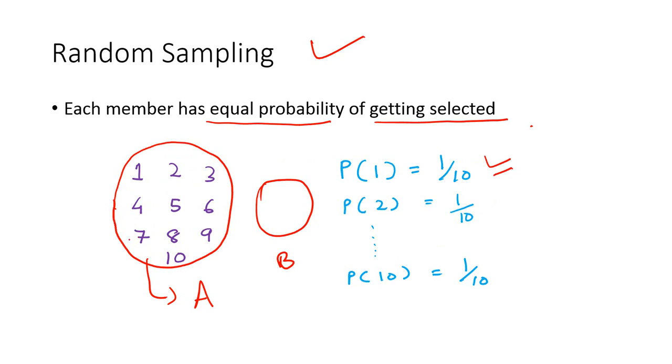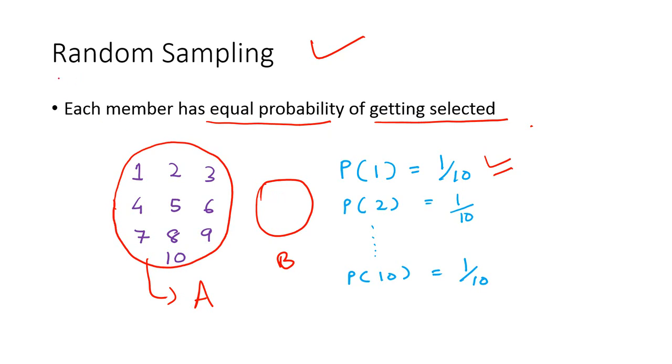Let's assume that's one of the criteria of selecting the element from the population. So if you have to select 4 elements out of these 10 elements in the population, we can get any one of these, because each one of these population elements is equally likely to be in the sample B.